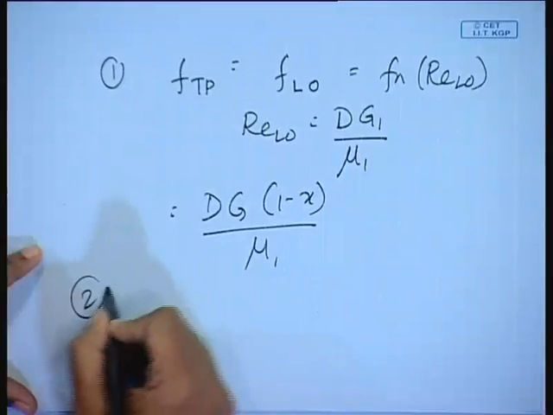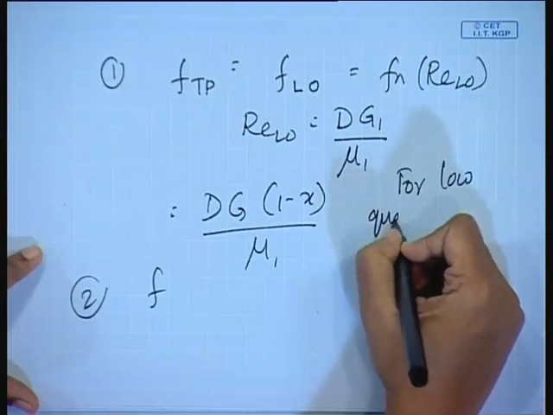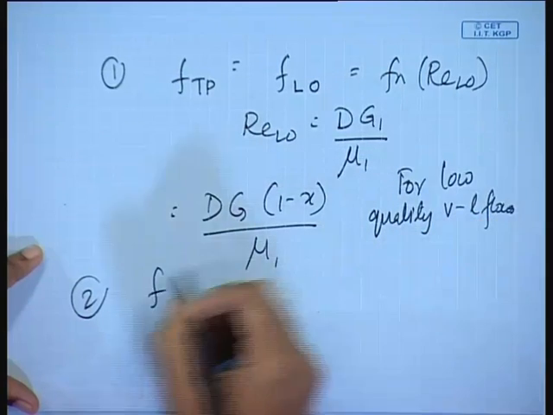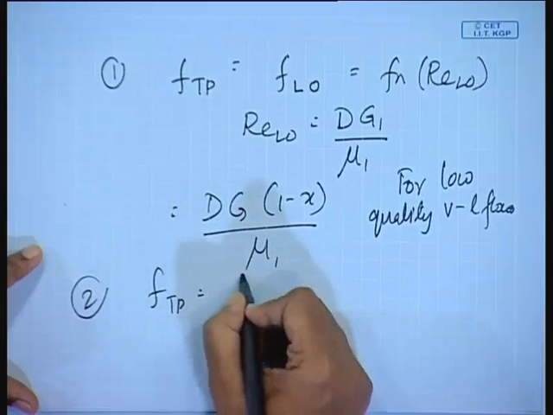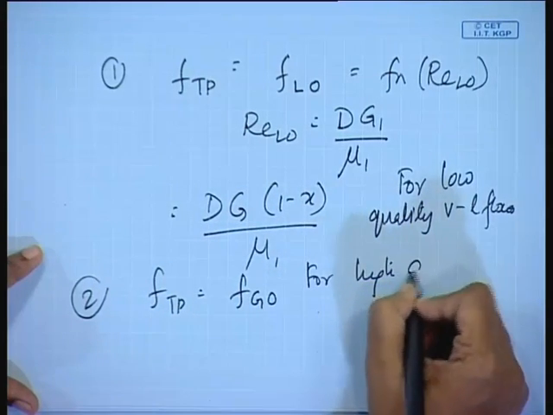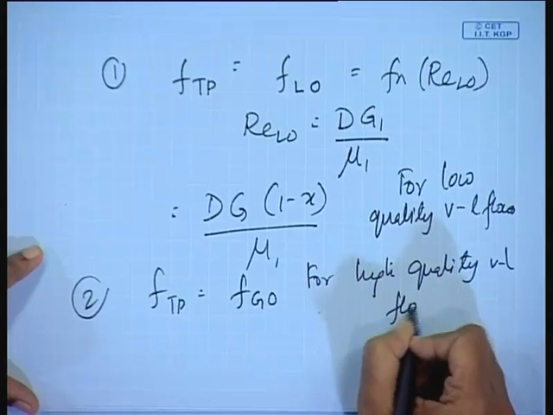So, there are three definitions. One is this, for low quality vapor liquid flows. Then we can also assume this is equal to this for high quality vapor liquid flows.